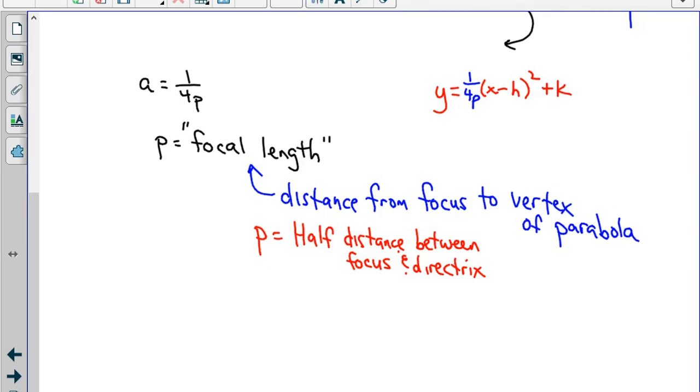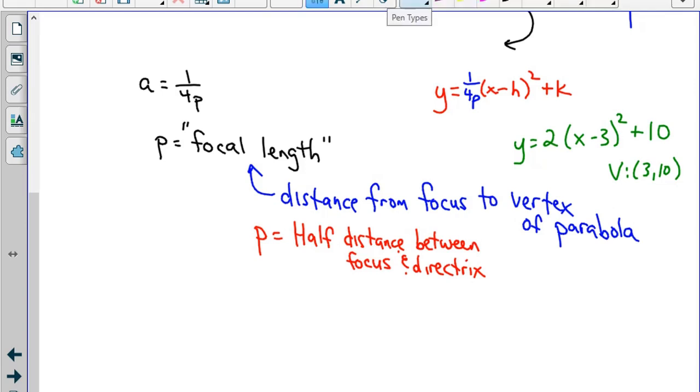So, for example, let's say I have the equation y equals 2 times x minus 3 squared plus 10. I know that the vertex is at 3 comma 10. And I know, based on what I learned in previous chapters, that there's some sort of vertical stretch of 2.